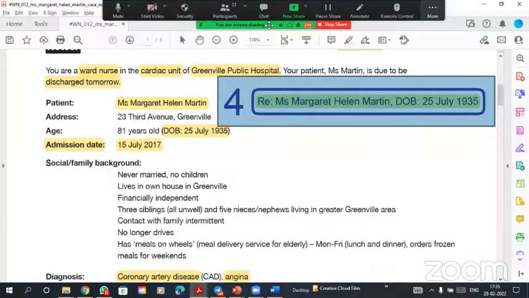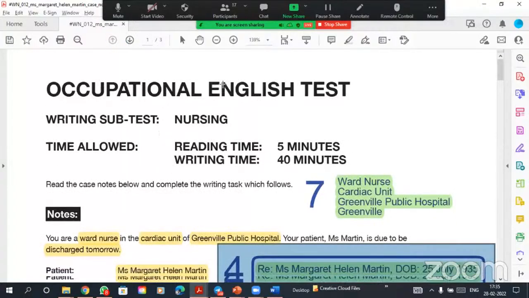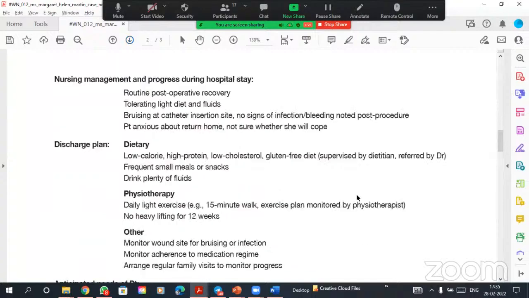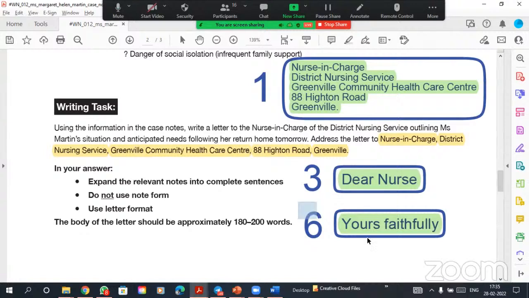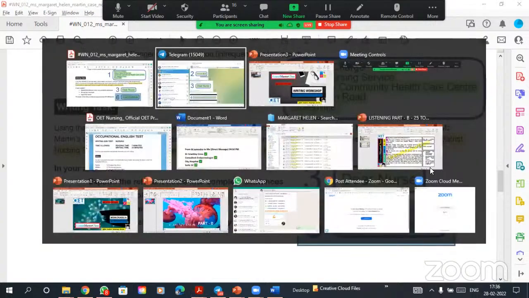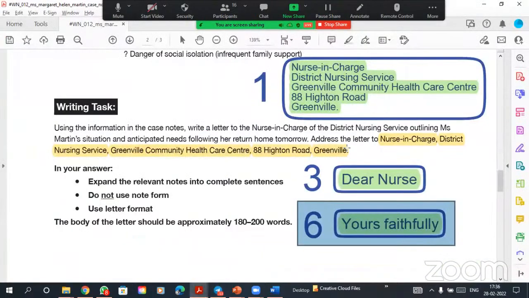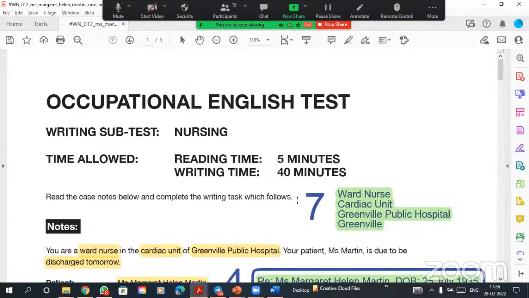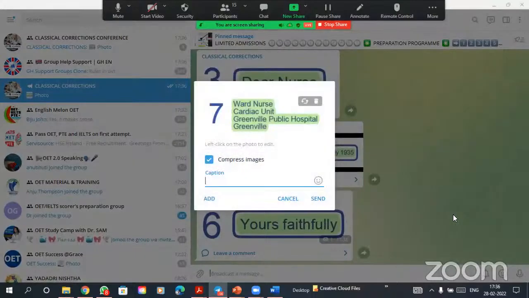And number 5 is the body. Then 6. Yours faithfully. Then next one is sender's particulars.